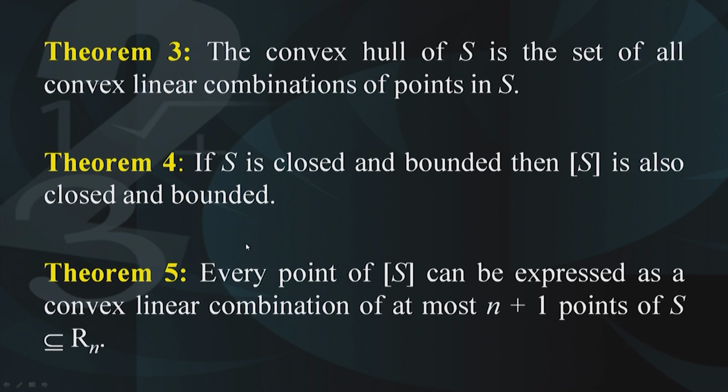Theorem number 5: every point of the convex hull can be expressed as a convex linear combination of at most n plus 1 points of the set S contained in Rn. Now, this is a very interesting result and we want to look at it more closely.